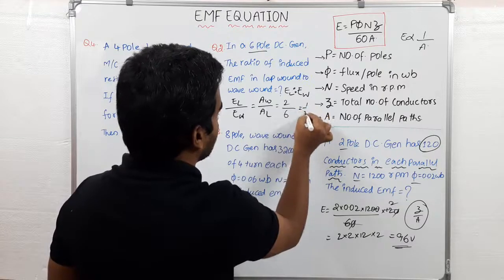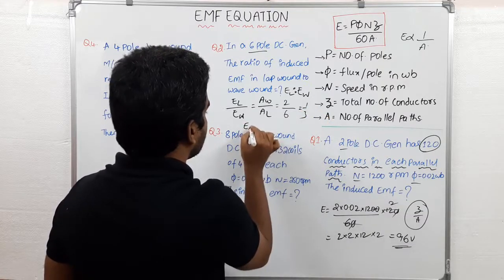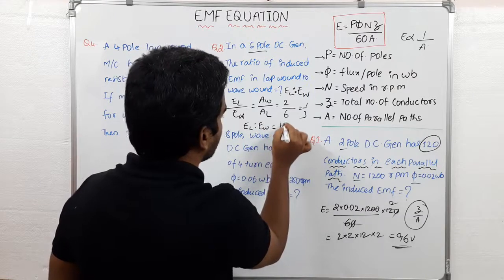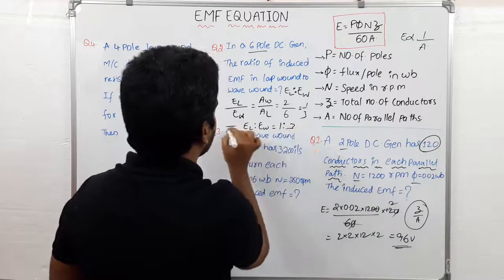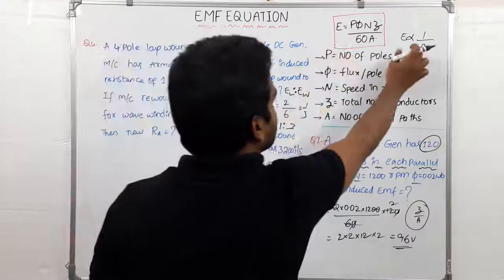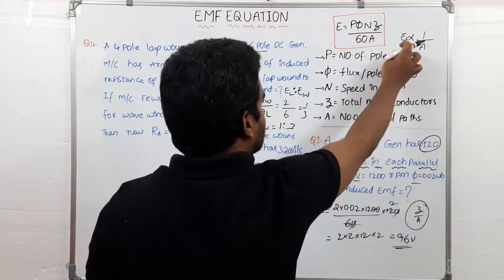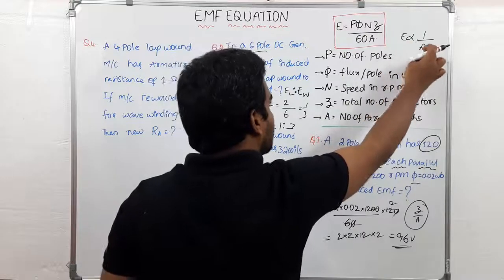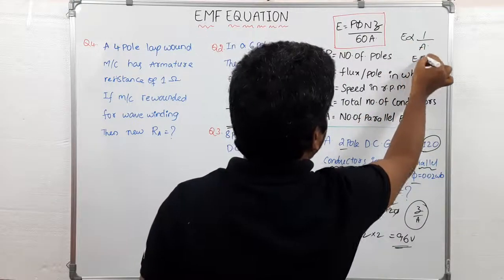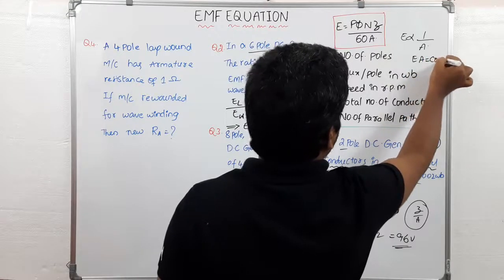So 1 by 3. EL is to EW equal to 1 is to 3 will be our required answer. We just used the relationship that generated EMF is inversely proportional to the number of parallel paths.